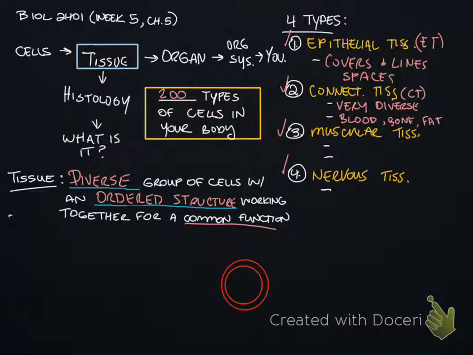So muscular tissue, what are the 3 types of muscular tissue? So we have 3 types. Overall, though, muscular tissue, its job is contractile, or to shorten.